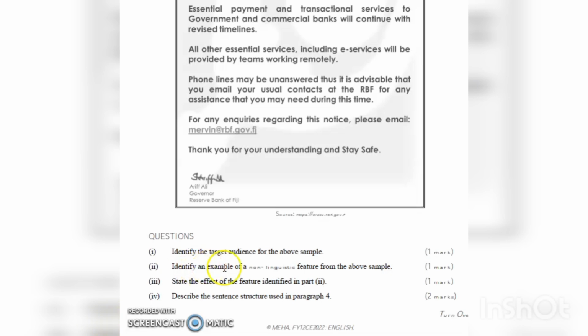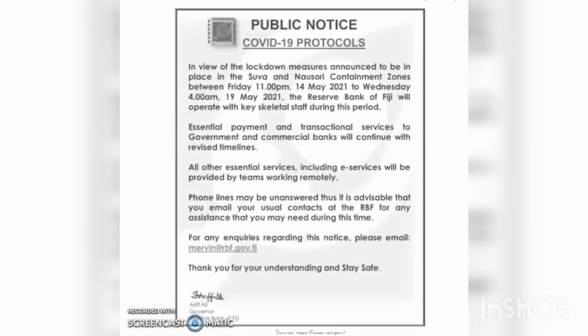Question number 2. You are to identify a non-linguistic feature and its effect. We start with our heading, which is bold. "Public notice" is there to grab the reader's attention. It is also underlined, so it is there to grab your attention.